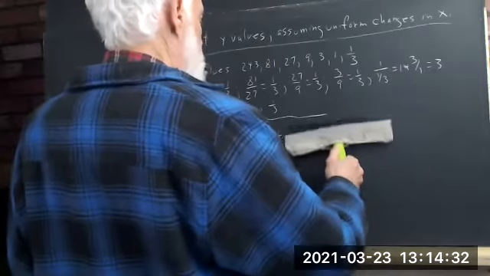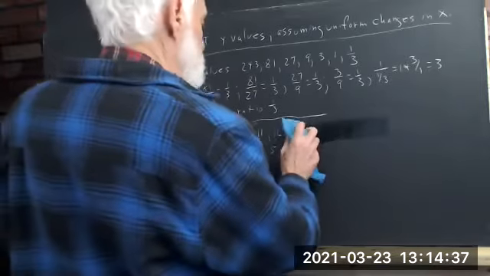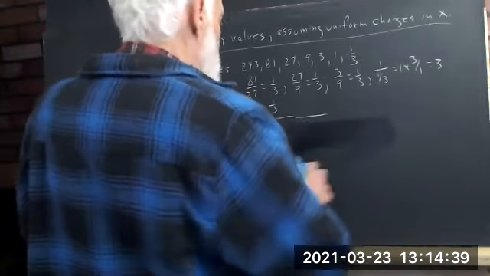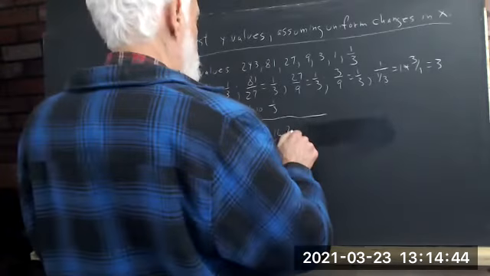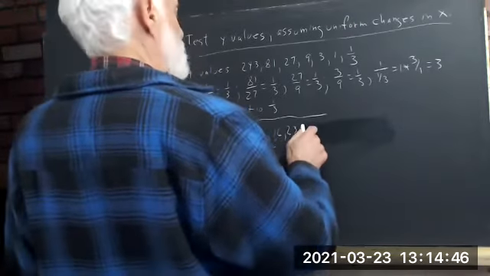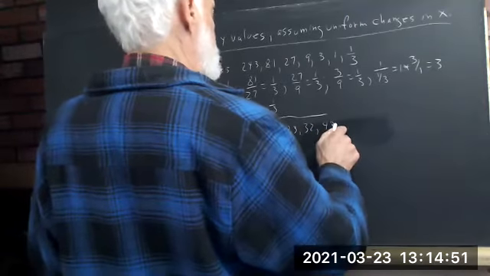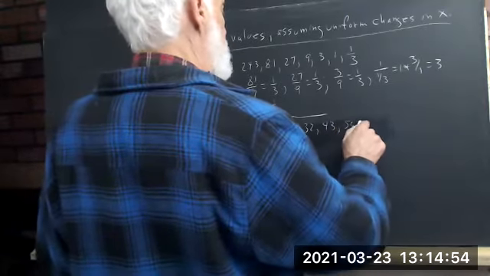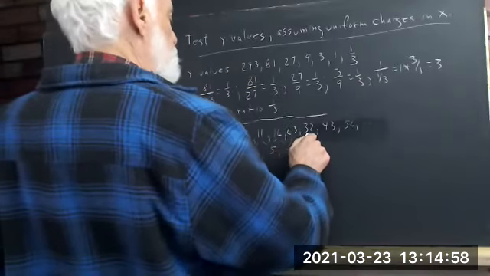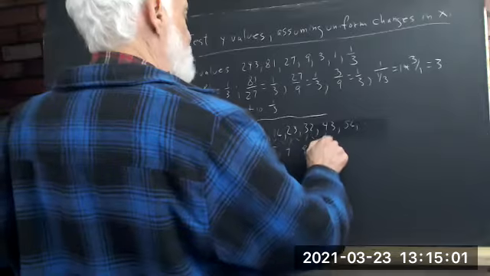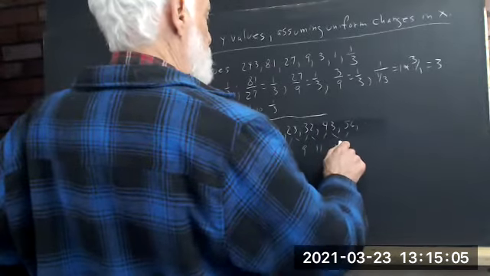I know what I did, and it's not what I intended to do, so I'm going to change some of these numbers. Okay, and now the differences are 3, 5, 7, 9, 11, and 13.